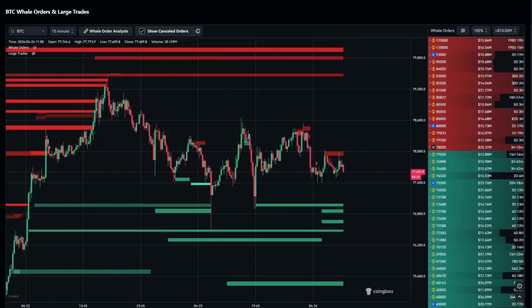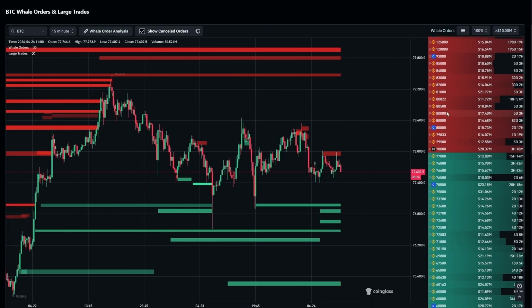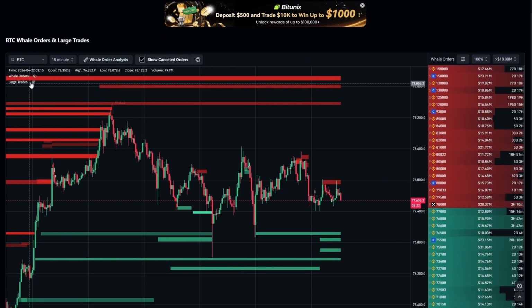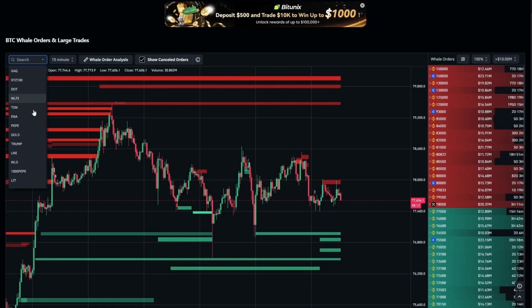Now I quickly want to mention, like I posted in the video of alternatives to CoinAnk, we're here on Coinglass. Here you also have the option to see the large orders and the whale orders. So you have the limit orders and the bubbles of big market orders for Bitcoin, for the other coins. So that's the most useful tool.